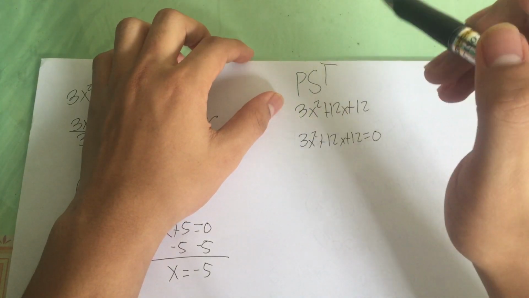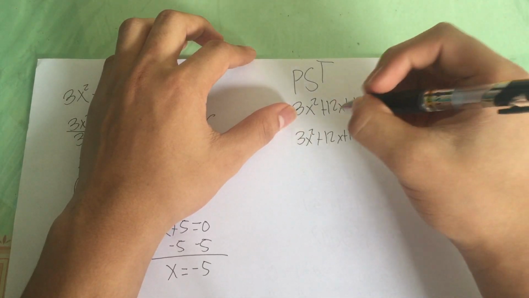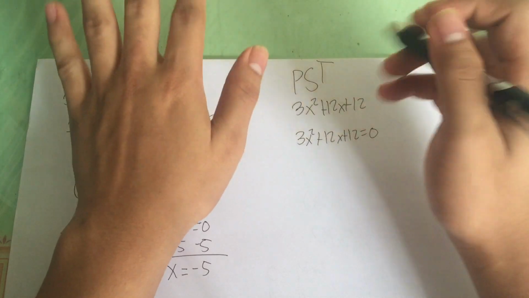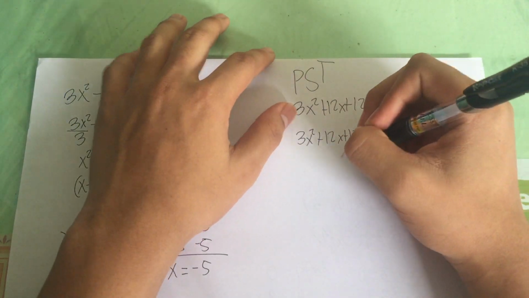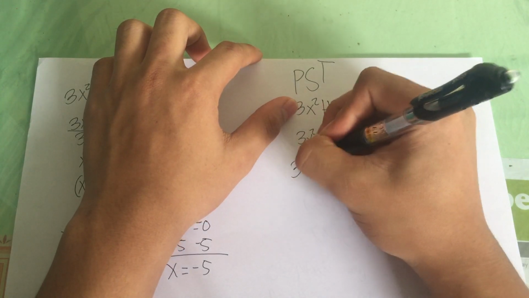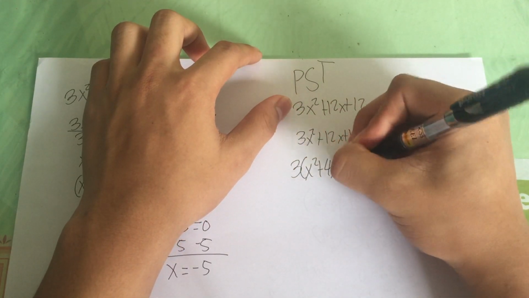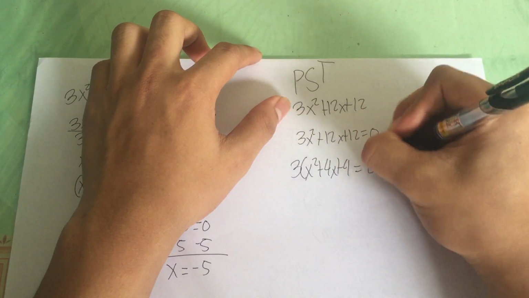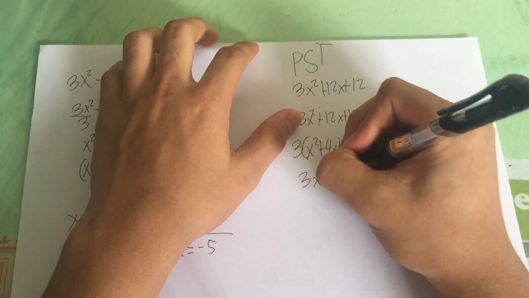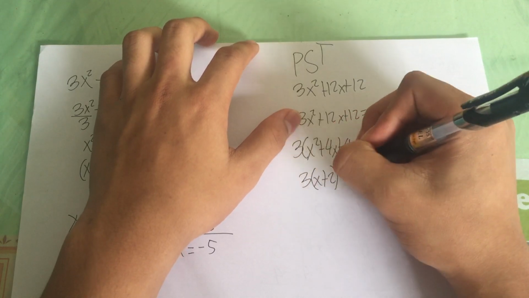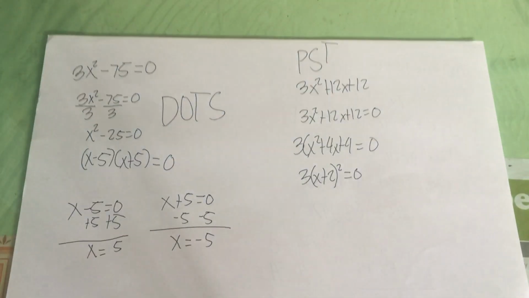Now what you're going to do is take away the 3 so that x will be left. Now let's put 3 outside. x squared plus 4x plus 4 equals 0. So your answer will be 3 times the quantity x plus 2, to the power of 2, equals 0.